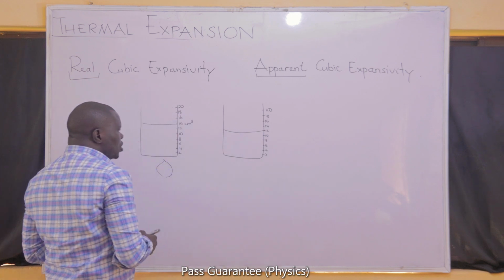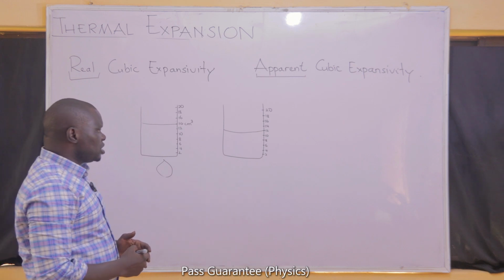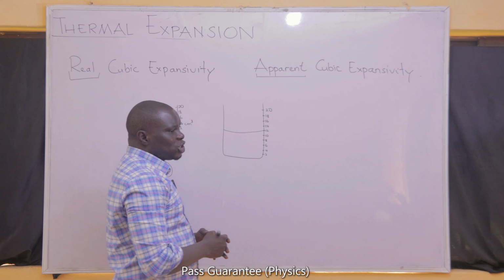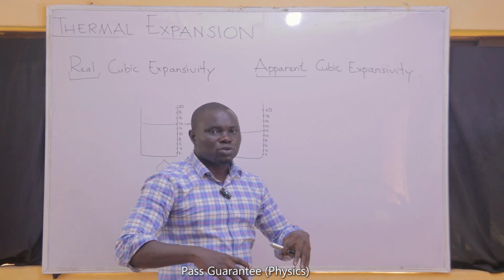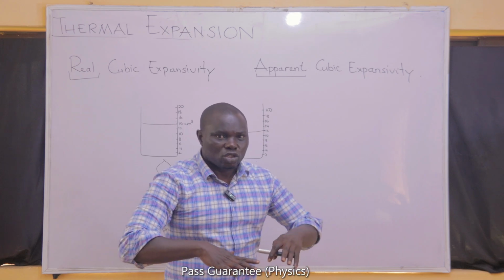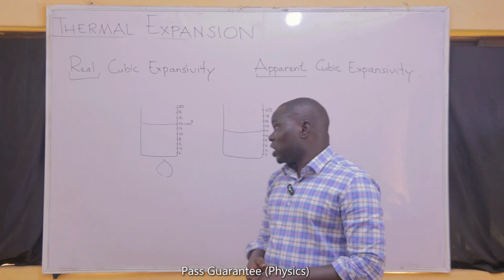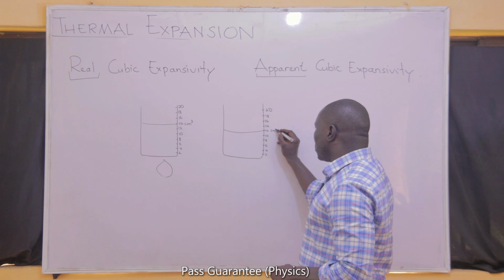It will go down not because the water has contracted. No, the water is still the same volume, but it is a container this time that has created additional space within it. So once you create an additional space, we expect whatever you have put inside the container to reduce in volume. So it is now making it look as if it is 12 centimeter cube.